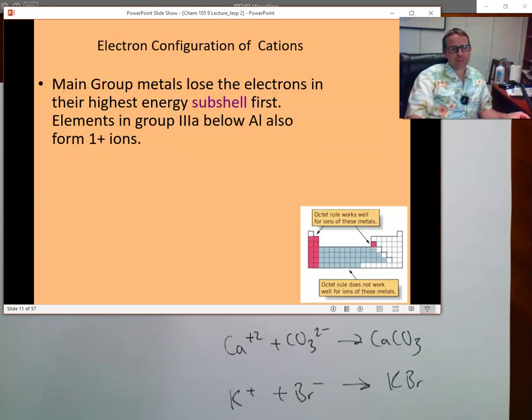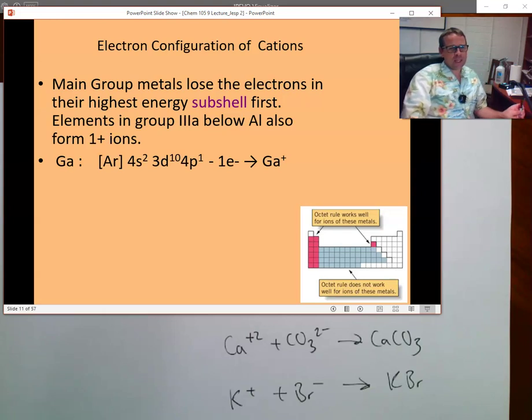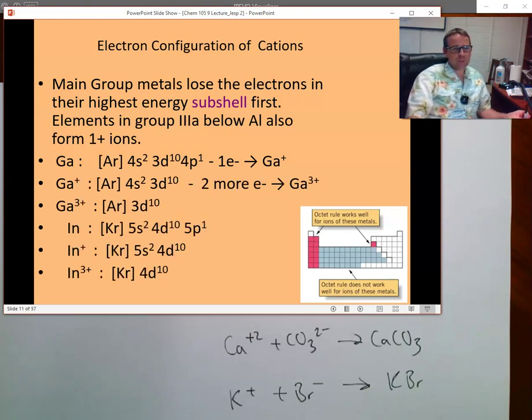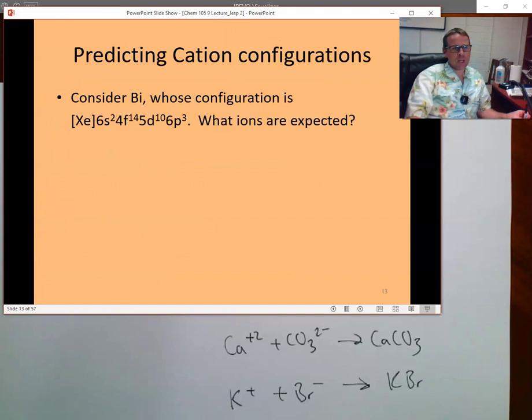Okay, so if we look at something like gallium, oh no, this isn't the one we want to do. Let's look at this one right here. If we look at something like bismuth, because we've already done some practice, I think we can skip those ones. If you are still kind of weak on that, we'll use this as a review. Let's bring bismuth up on the periodic table here.